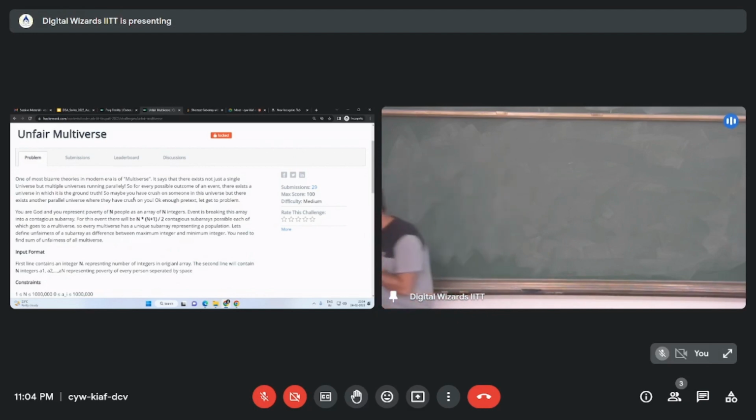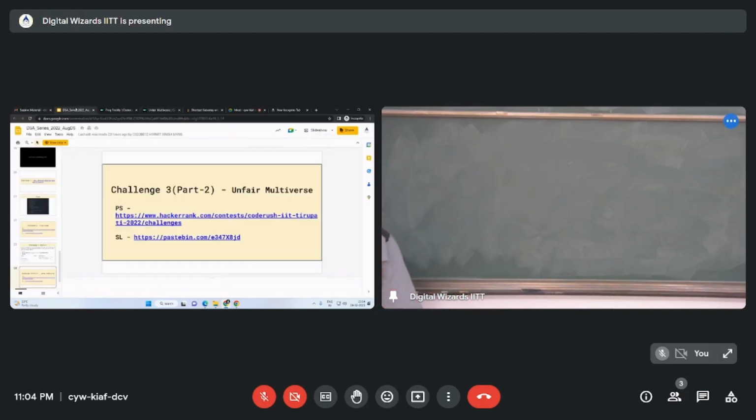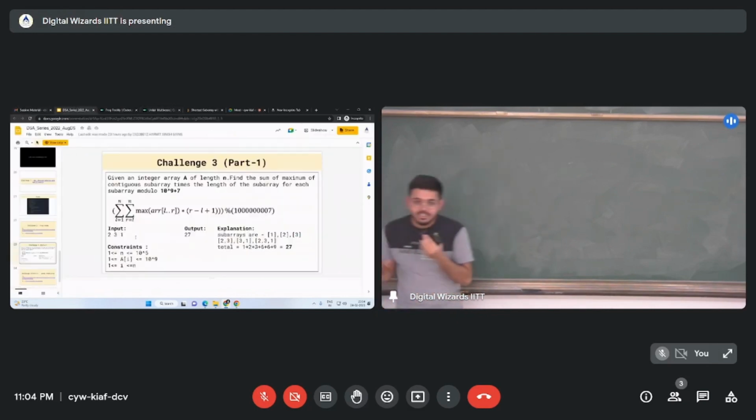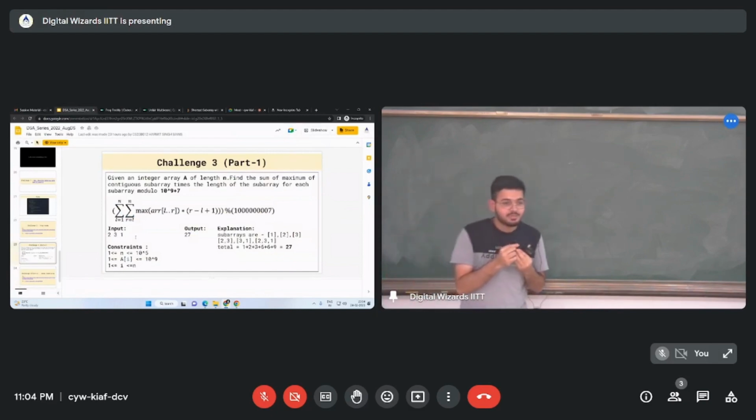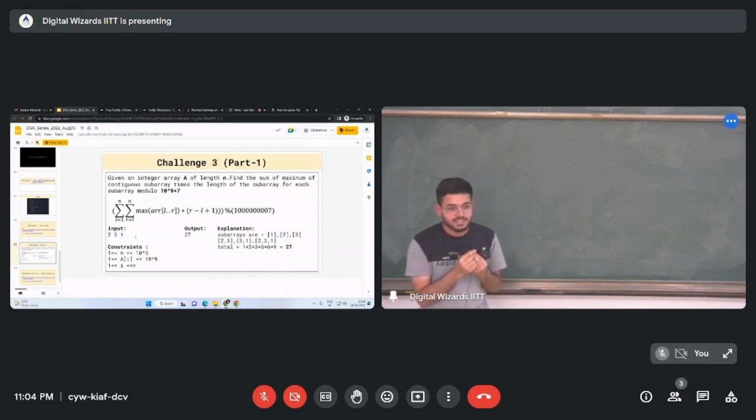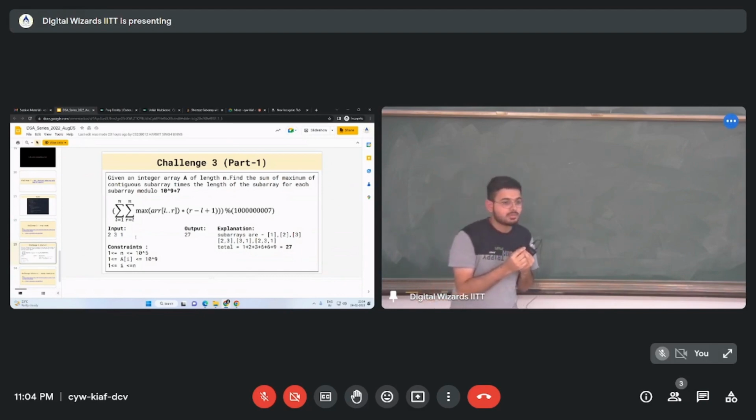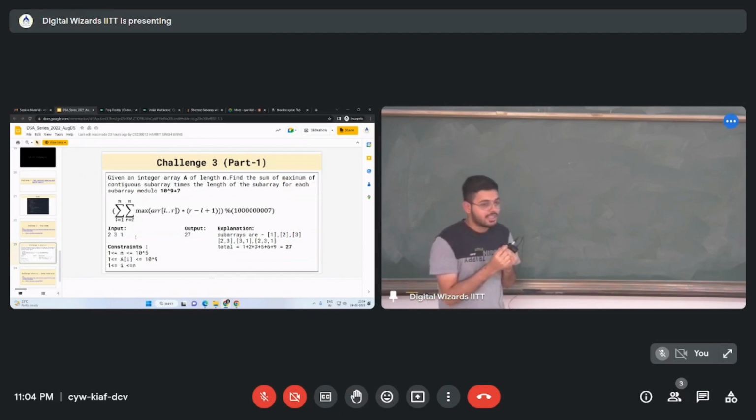Let me just show the problem again. Does it seem easier than this? Yeah, it's similar, but there is a bit of difference. Here is maximum times something, right?